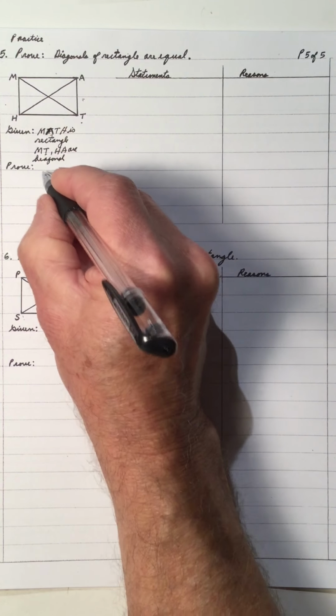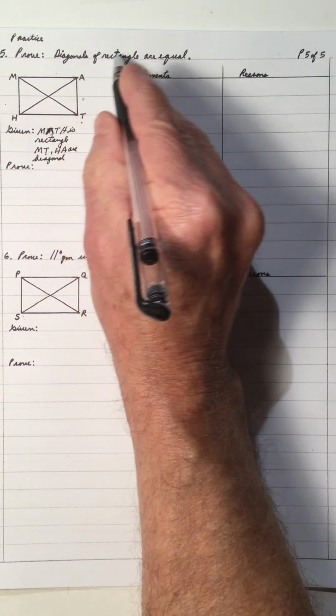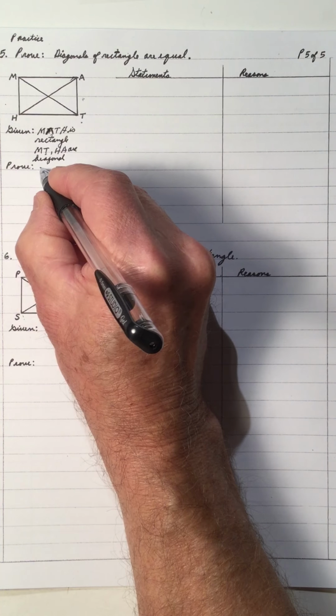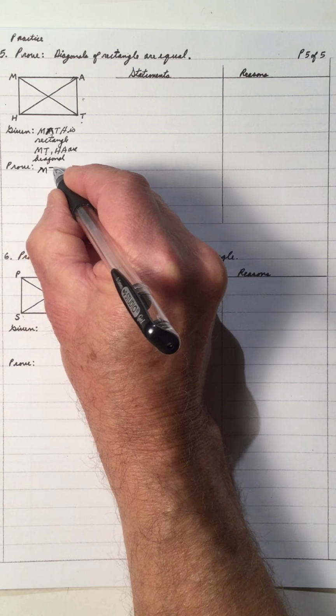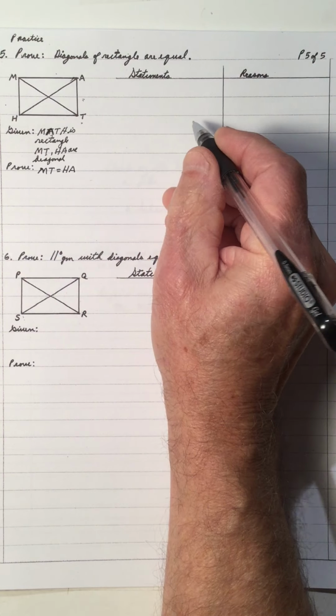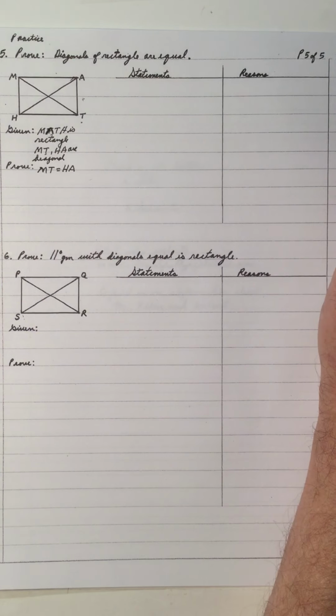So we've got to prove that the diagonals, which are MT and HA, are equal: MT equals HA.